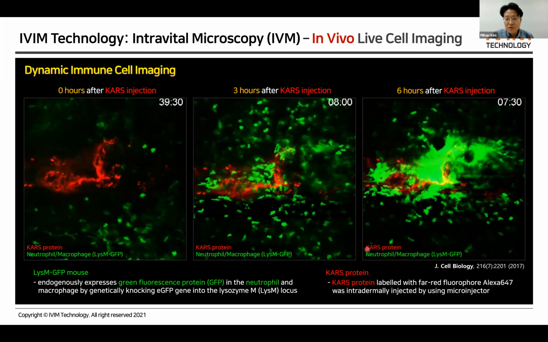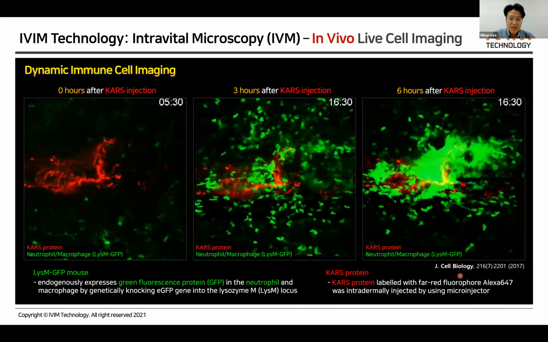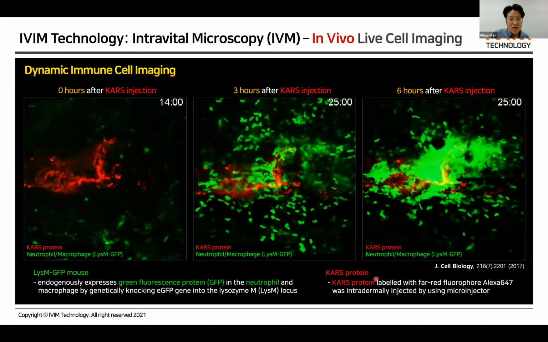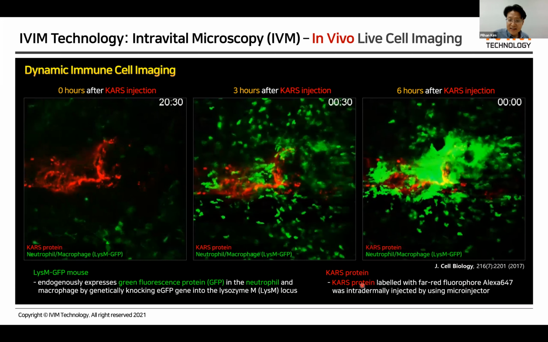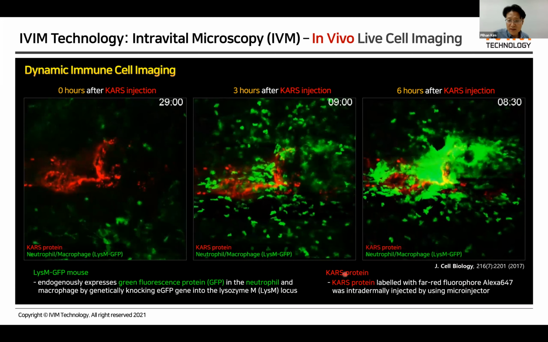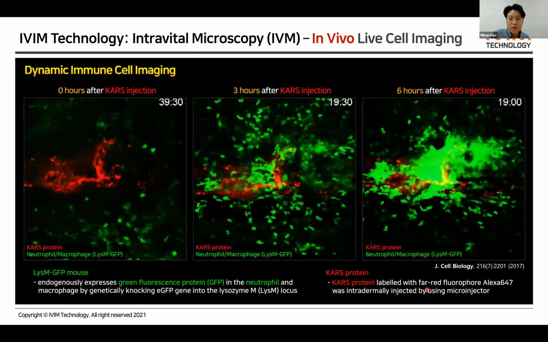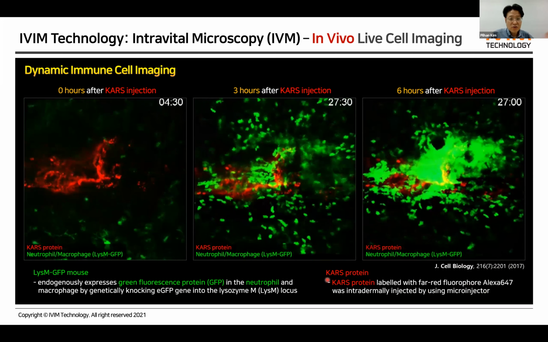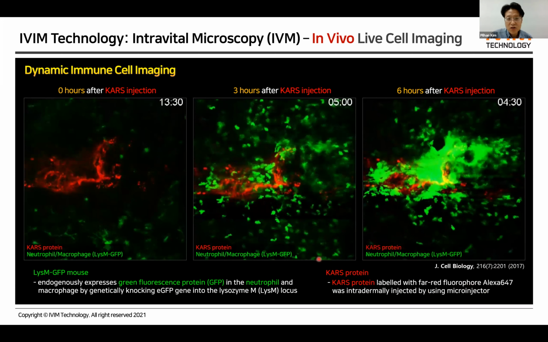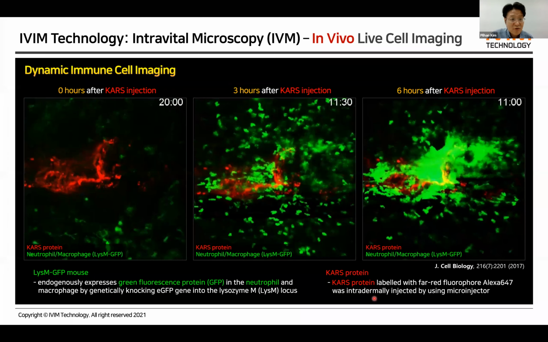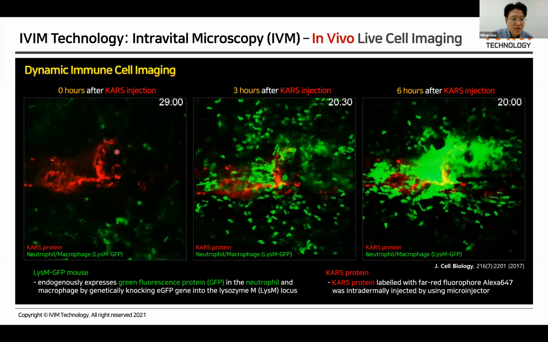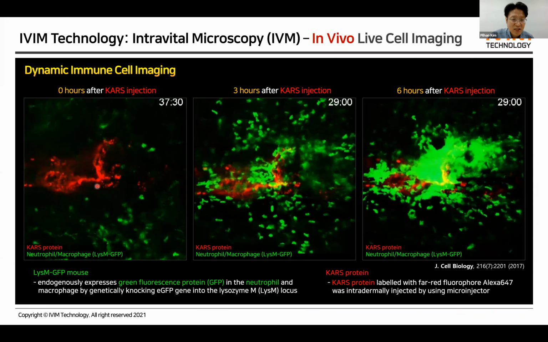So in this example, which was published in JCB in 2017, we injected this KRS protein labeled with far-red fluorophore into the dermis of the ear skin by using a microinjector. So this red color is the injected protein.